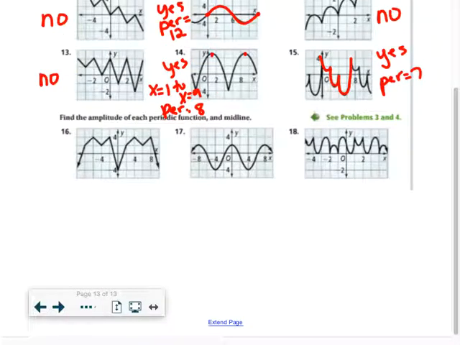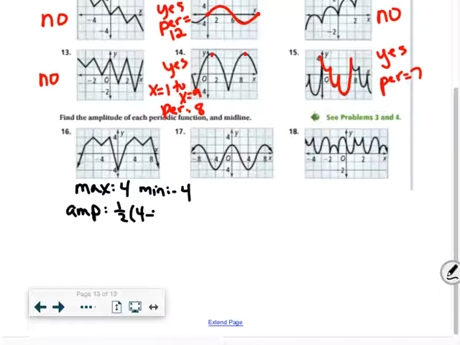All right, last group. Find the amplitude of each periodic function and the midline. So remember, amplitude is half the difference between the max and the min. So write down the maximum looks like 4. The minimum is negative 4. So the amplitude is 1/2 the difference.